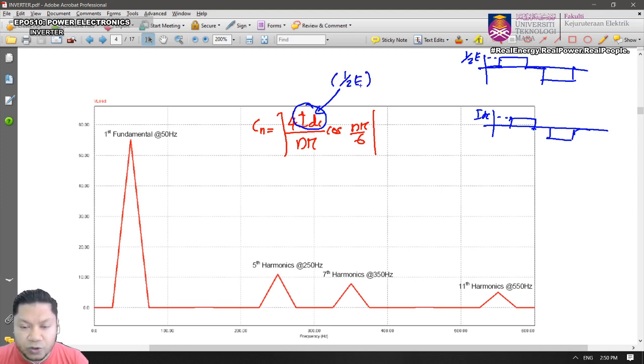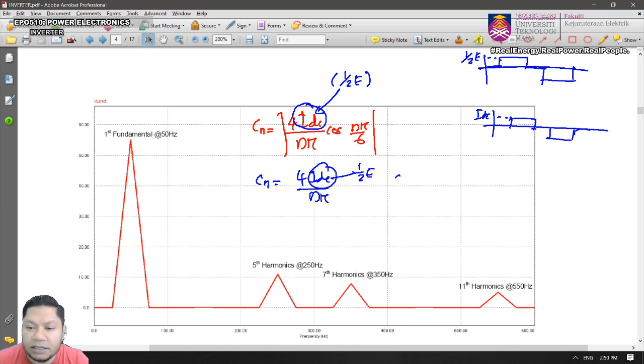And similar to the square waveform just now, for the square waveform you have Cn equals 4 IDC over n pi. So now you're going to replace that with half of E. Okay? So this is for the square waveform, and this is for the quasi square waveform. Okay, so you can calculate what the fundamental will be by replacing the value of n. Remember, for the quasi square waveform, we don't have triplen harmonics, isn't it?